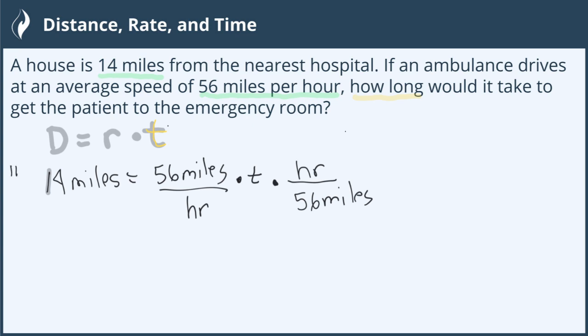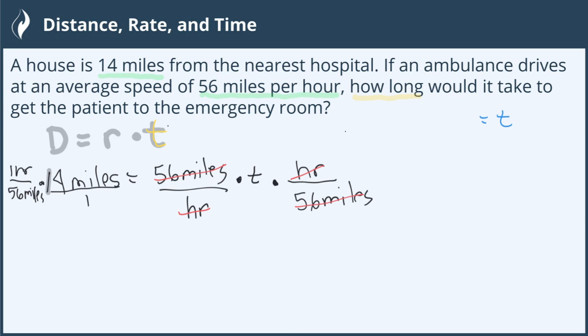So we have 1 hour over 56 miles, and then I'm going to put this over 1 so that we can keep our fractions comparable. What's going to happen here is the 56 miles and the hour are going to cancel out, and we're going to be left with t on that one side.